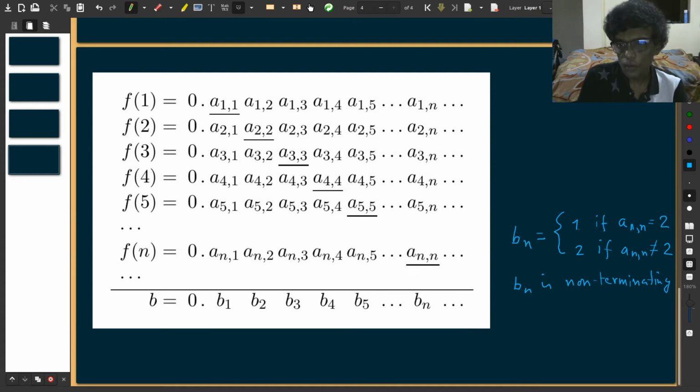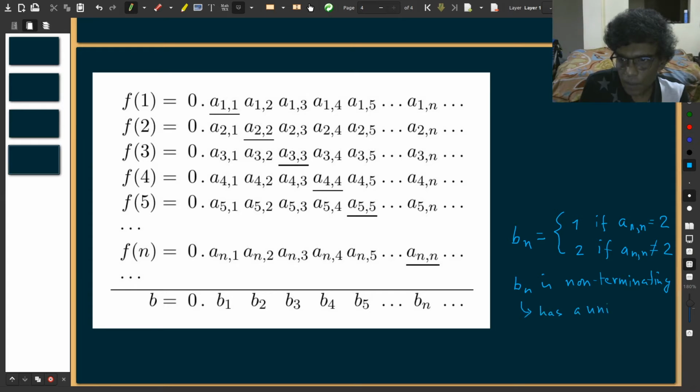But b is composed of digits 1 and 2 only, right? Therefore, this b has a unique decimal representation. Okay, and that is it. Whatever you see here, it is this representation.